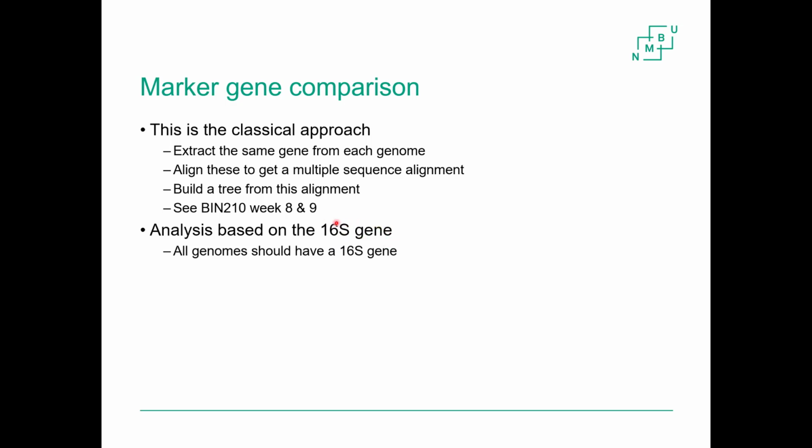Most genomes have this gene in multiple copies, and they are more or less identical to each other, right? So be aware that the 16S gene may not always be present in the contigs. It's surely present in the genome, but due to the assembly software and sequencing with short reads, there may be some problem getting hold of it.